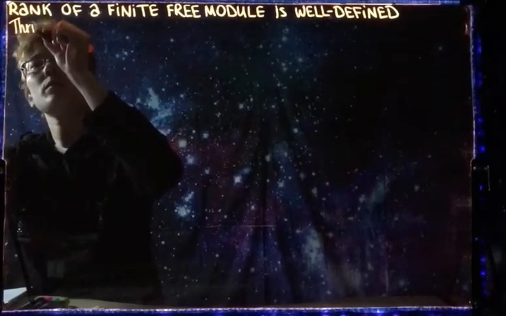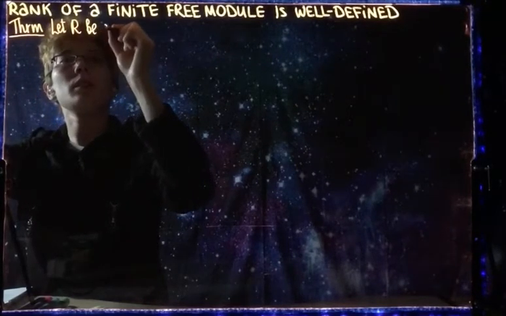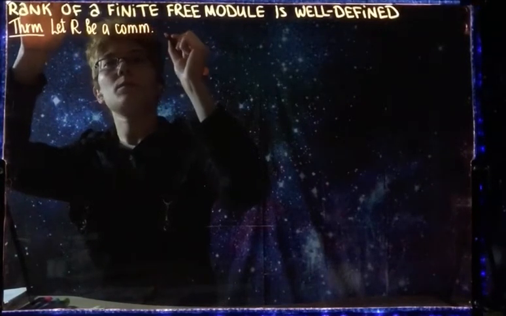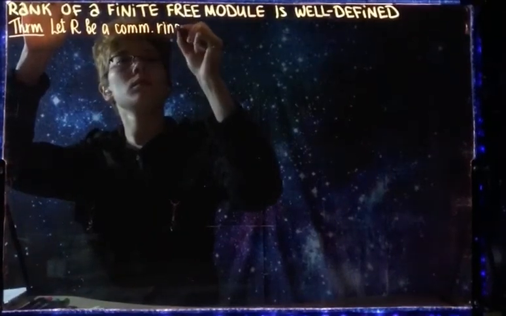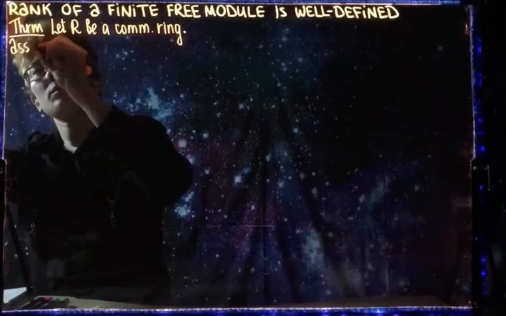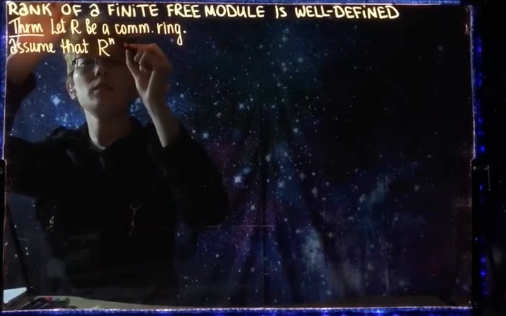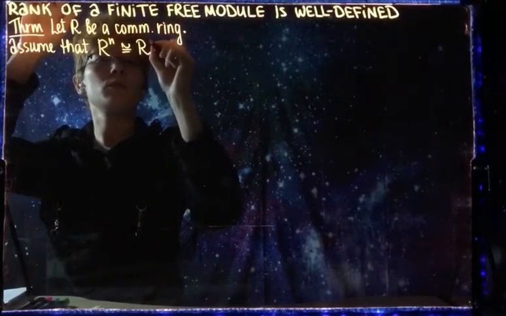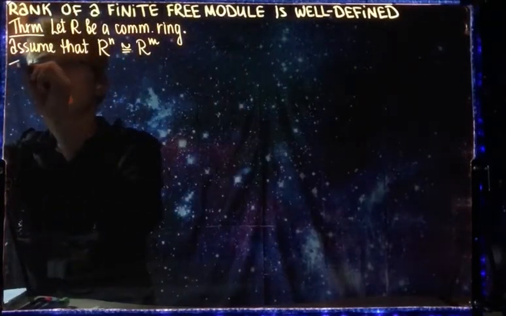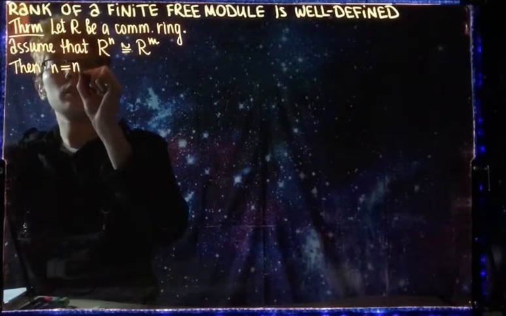So theorem, let R be a commutative ring, associative and with unit, and assume that a free module of rank n is isomorphic to a free module of rank m. Then n is equal to m.